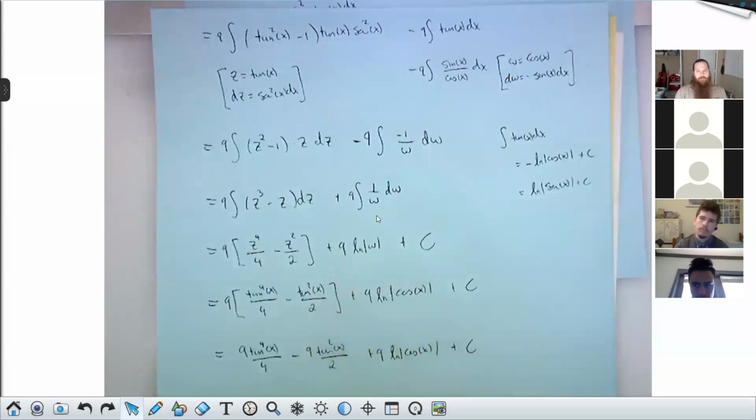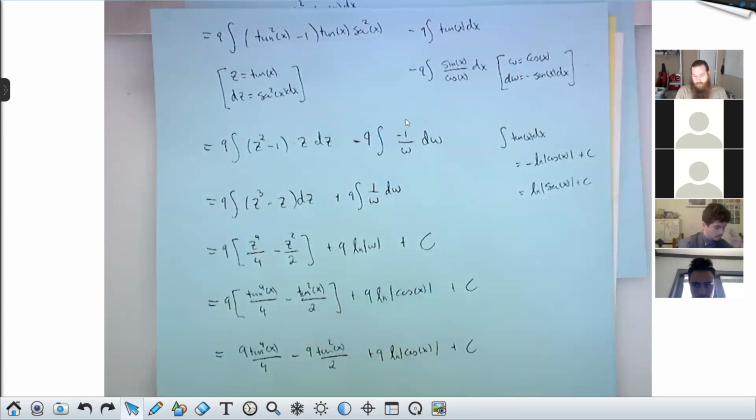Either one is fine. The two negatives combined here to make a positive. So the more natural way to write this one was as the natural log of cosine. No pun intended. But if you wanted to, you could also write this as a minus natural log secant because of the minus here.